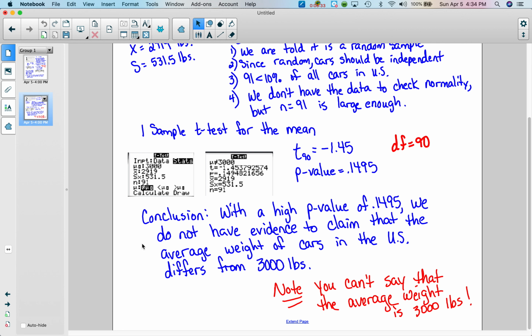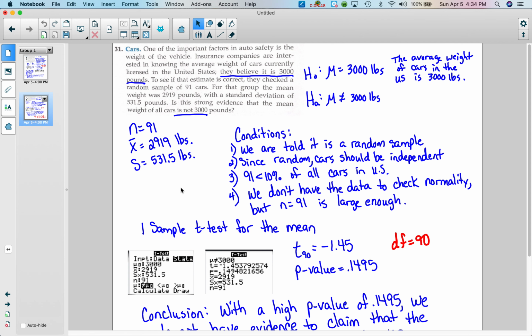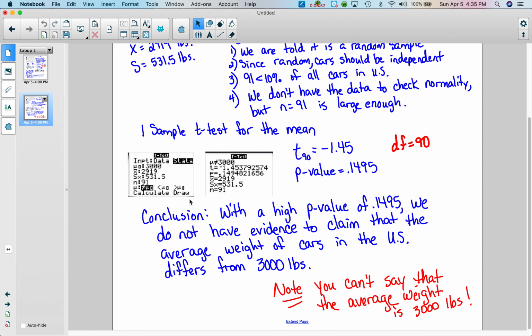Now, they did not ask for an interpretation of a p-value, so I didn't give one. If you were asked for that, what does a p-value mean? It's a conditional probability, and it means if the null hypothesis is true, if the average weight of the cars in the United States was 3,000 pounds, then the probability of getting a sample as extreme or more than ours is 0.1495.